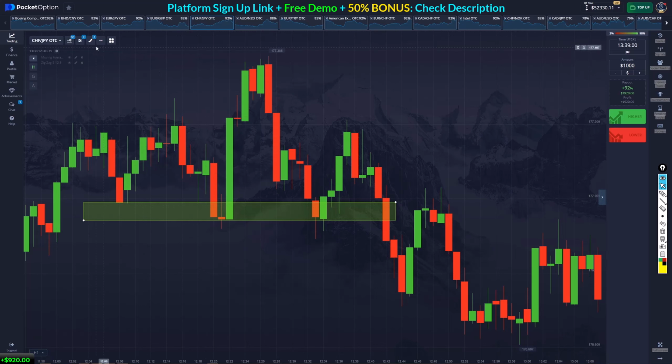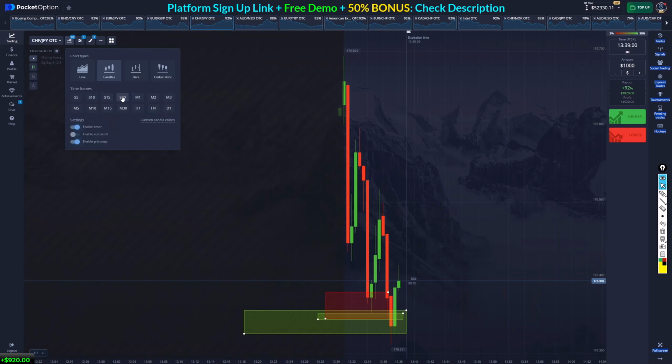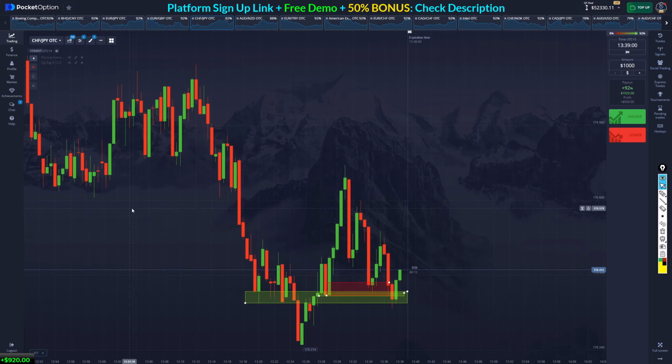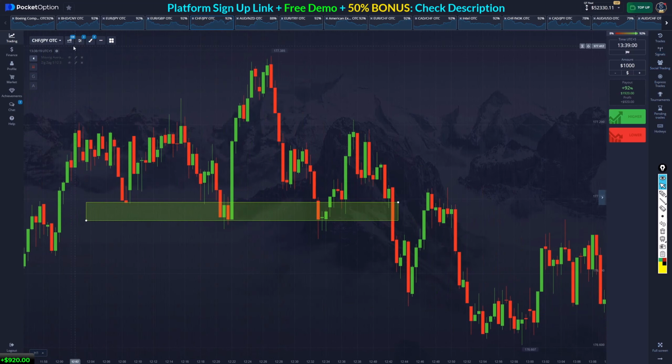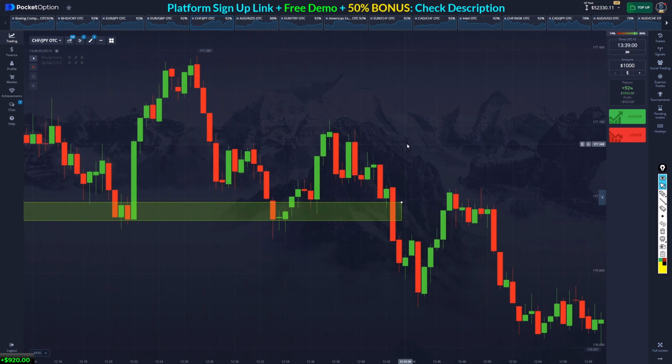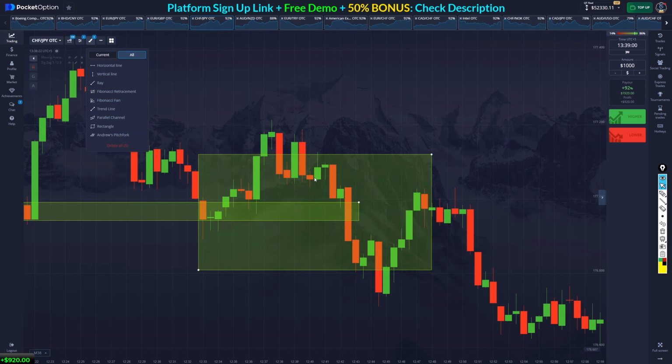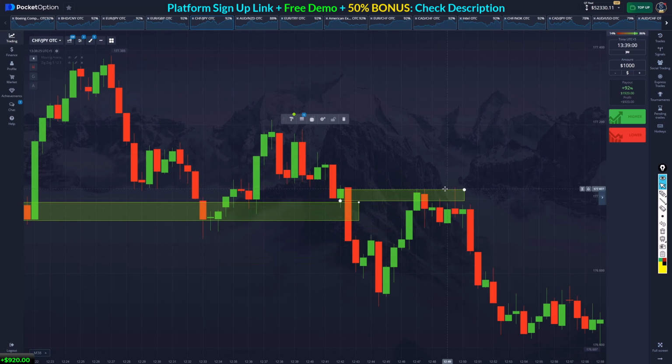And how do we find the entry? We go to lower time frame, step by step, right? 30 second. Now we're at 30 second. We look for fresh supply and demand. In this case, the fresh supply is going to be exactly this one. So my entry would be the moment the candle comes inside of it, right?